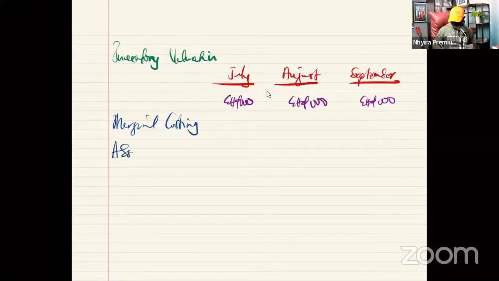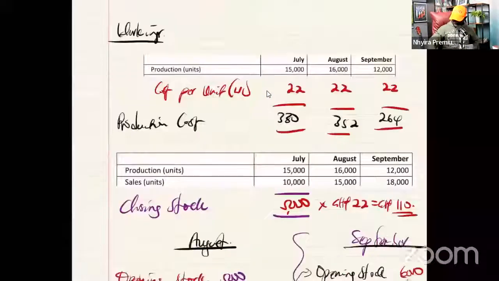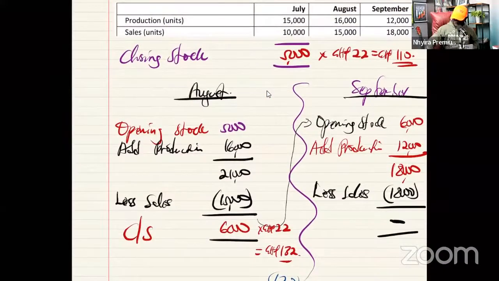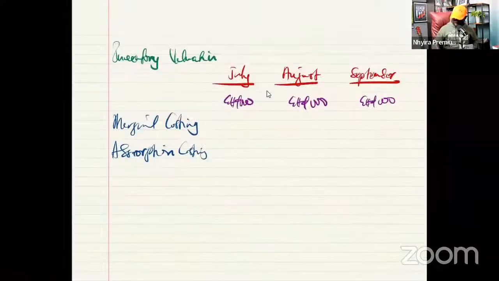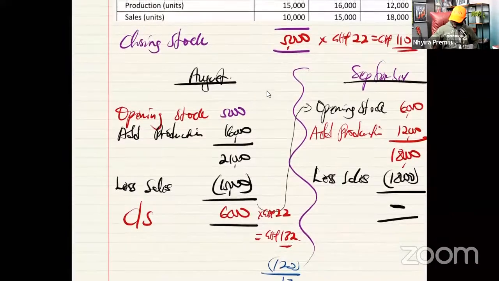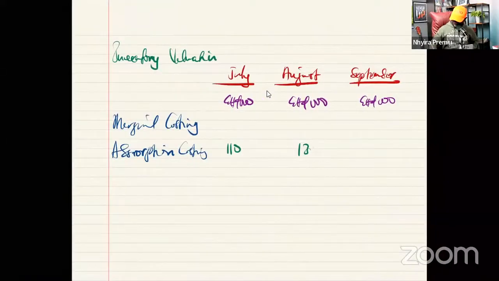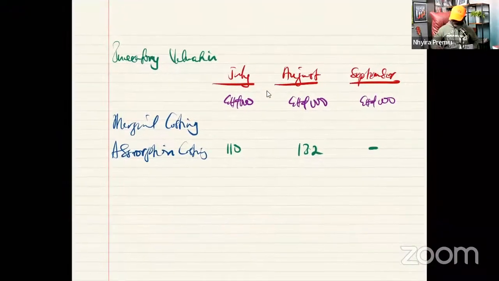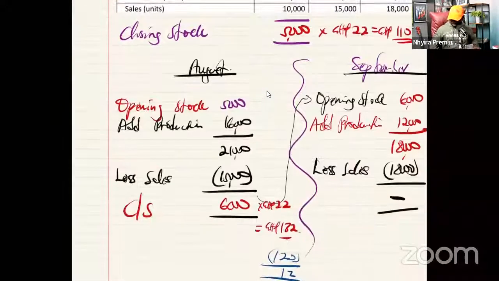Under absorption costing, how will the closing stock be valued? We are valuing closing stock at 110 and 130 here. Under absorption costing, we would have valued it at 110, 132, sorry. Now there is no closing stock here, so that is not going to come in. And the marginal costing will value the same thing at 20.